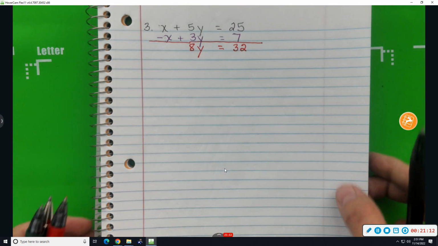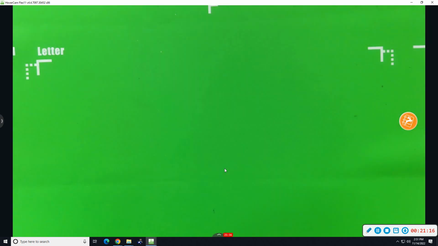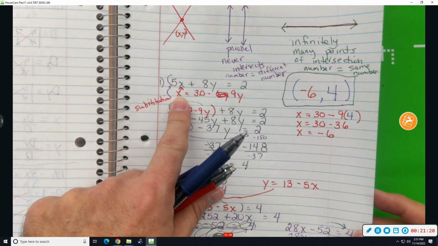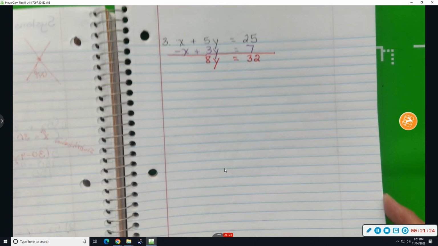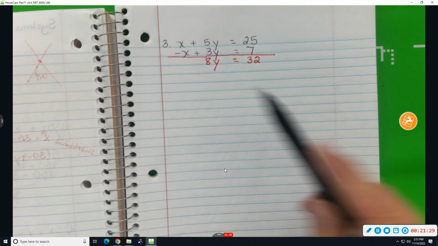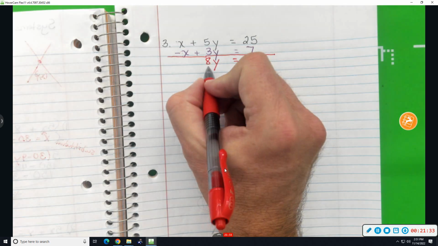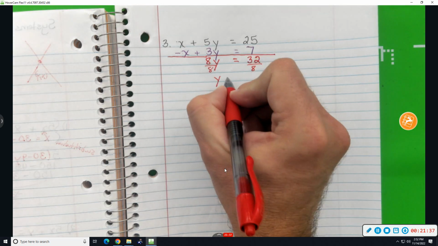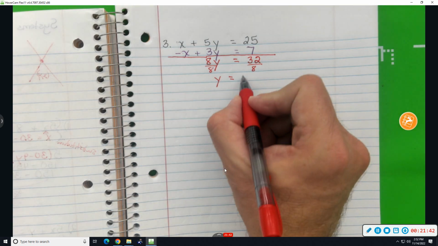Like on problem number 1, those x's and y's weren't lined up. See, you got to have the x and y's lined up if you're using elimination, so that you can eliminate one of those variables. So we have 8y equals 32. Divide both sides by 8 to get y equals 32 divided by 8, 4.